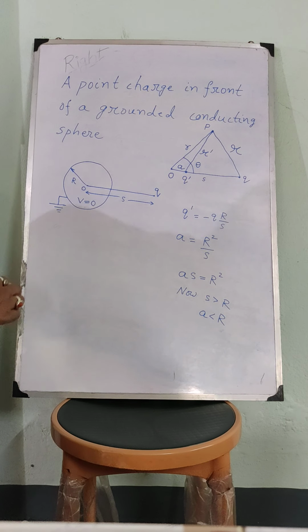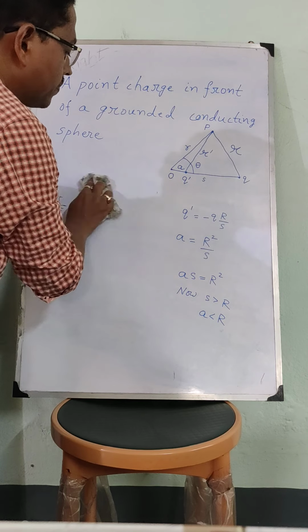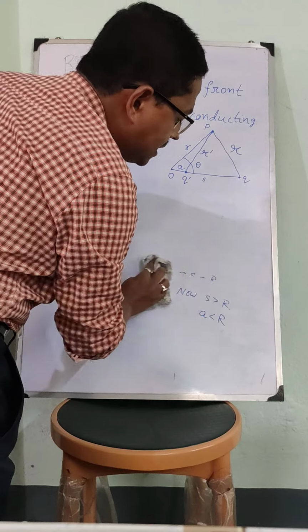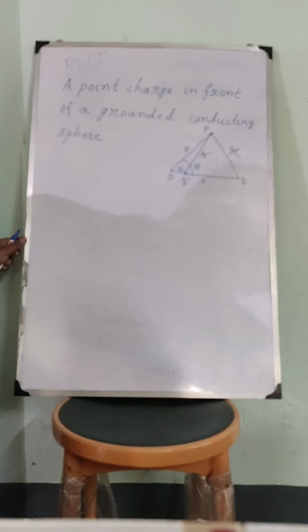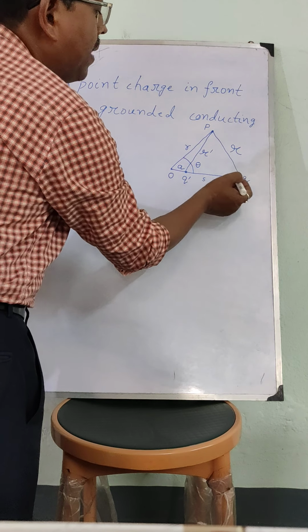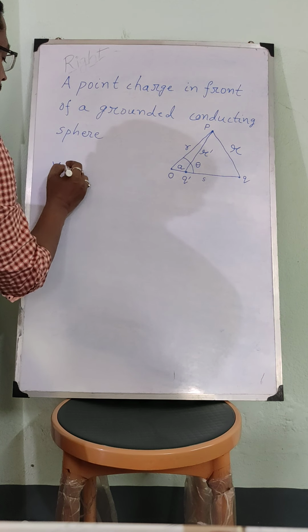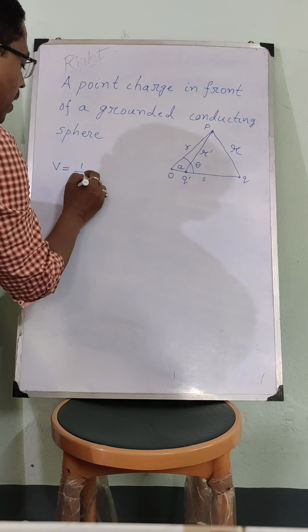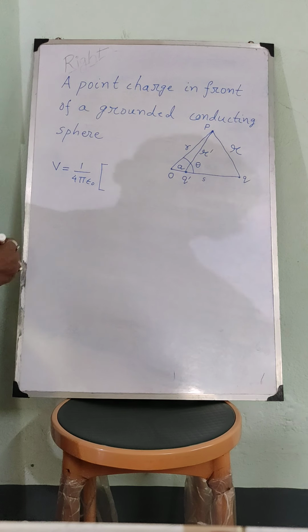Okay. Now we can write down the potential at point P due to the two charges. Now the net potential due to q prime and q is given as V equal to 1 by 4 pi epsilon 0, that I can take common.